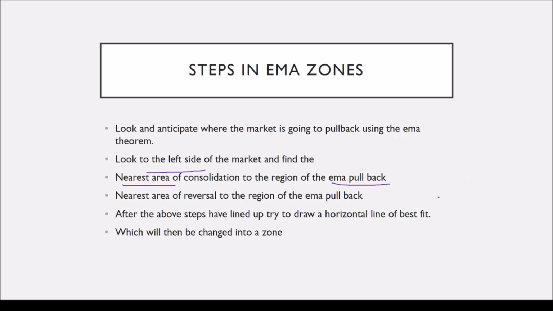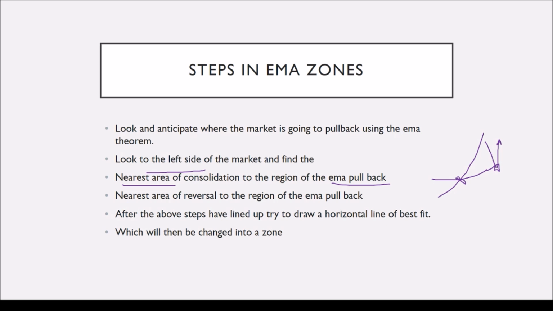Let's take for instance 20 crosses 100. An EMA crossover has happened at this point. We know that we are expecting to see the price coming back to the bigger period EMA and take off. However, it's not wise to take a trade only at the EMA. Why?